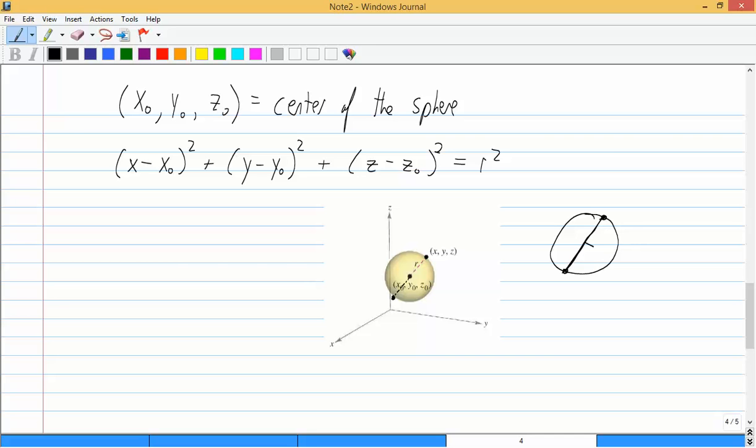But we just figured out this point here. But this is a 3-dimensional object. But we figured out that point there. So now, I know the center. What else do I need? The center. I know my x sub o, my y sub o, and my z sub o now. What else do I need for my formula?